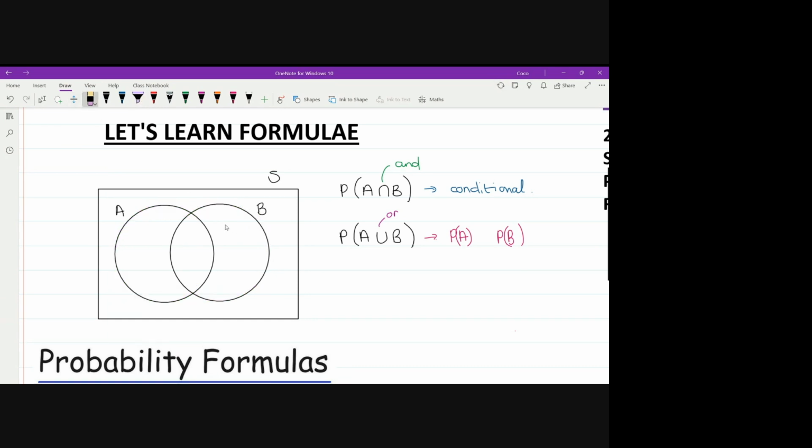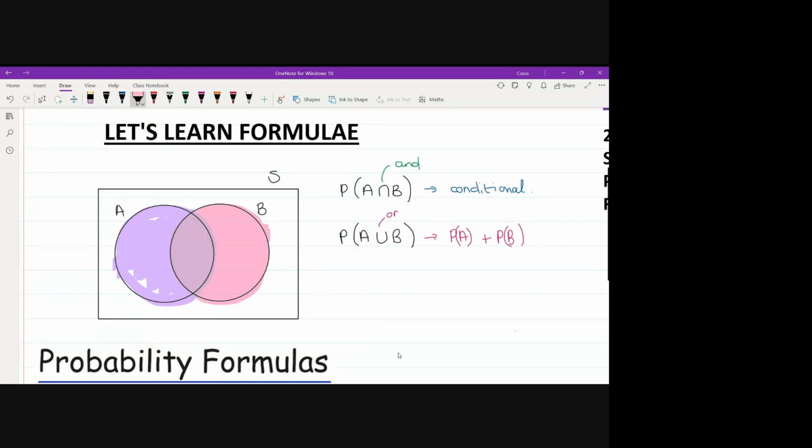If I'm calculating the probability of one or the other, I can say that the probability of A or B would be the probability of A, which is this part, plus the probability of B, which is that part. Those two together make up the probability of A or B.